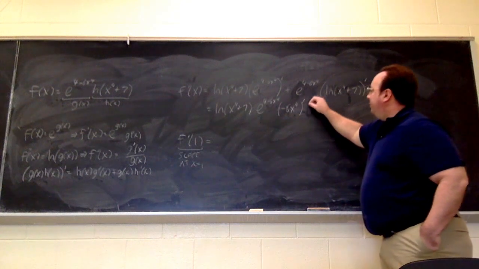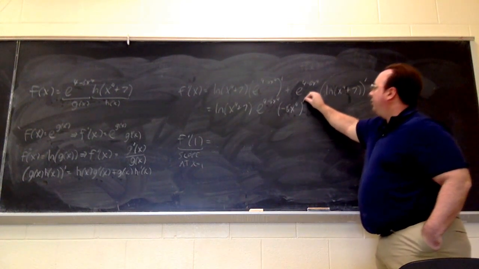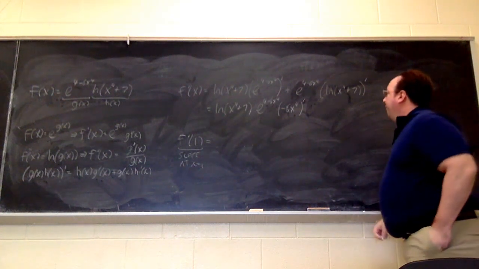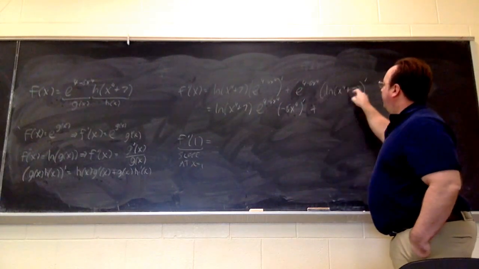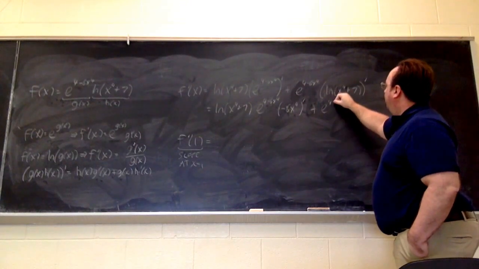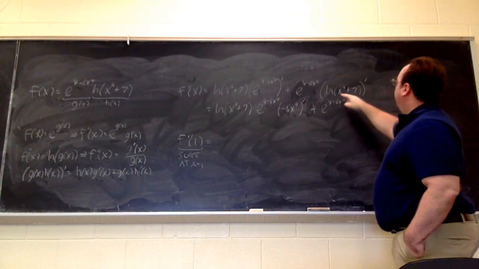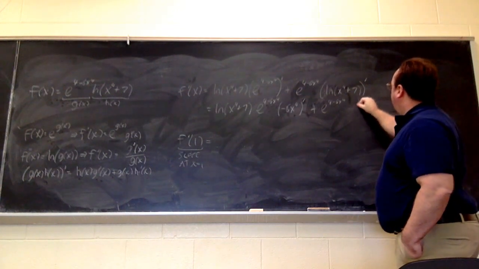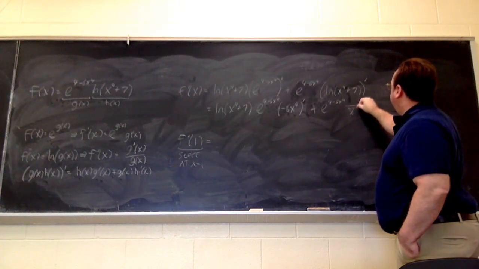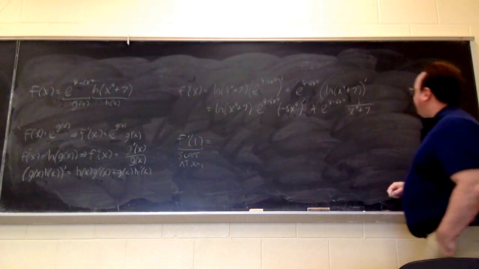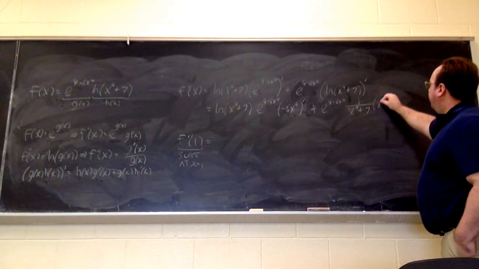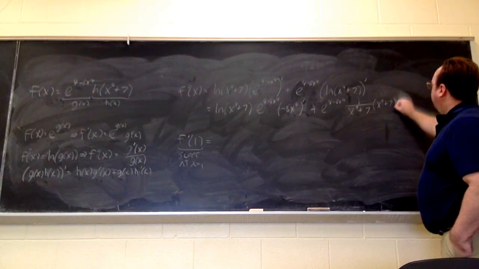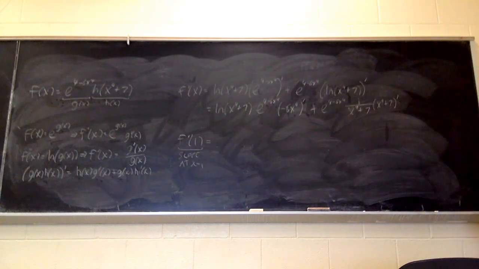And I take the derivative of that, so I have to remember to put the prime there, so we'll come back to it later. And then moving on to this term, I have e to the 4 minus 6x to the 4th, times the derivative of a logarithmic function, which is 1 over the function you're taking the log of, x to the 4th plus 7, times the derivative of x to the 4th plus 7. So again, I'm putting a prime there.